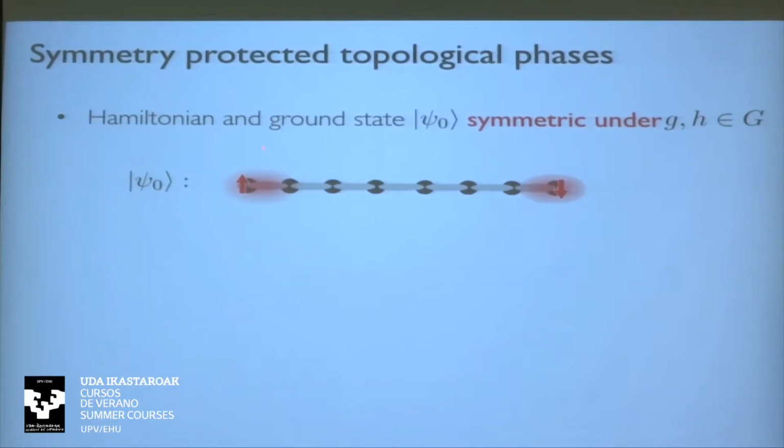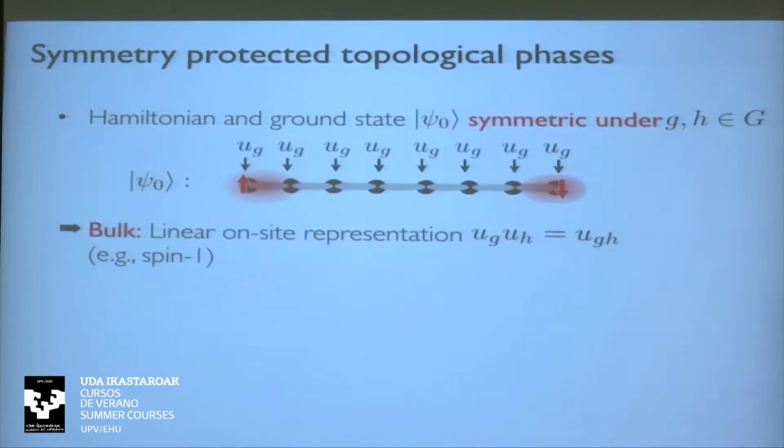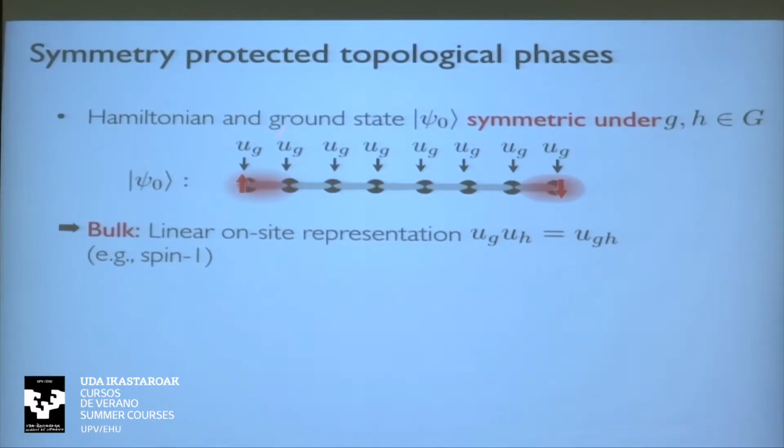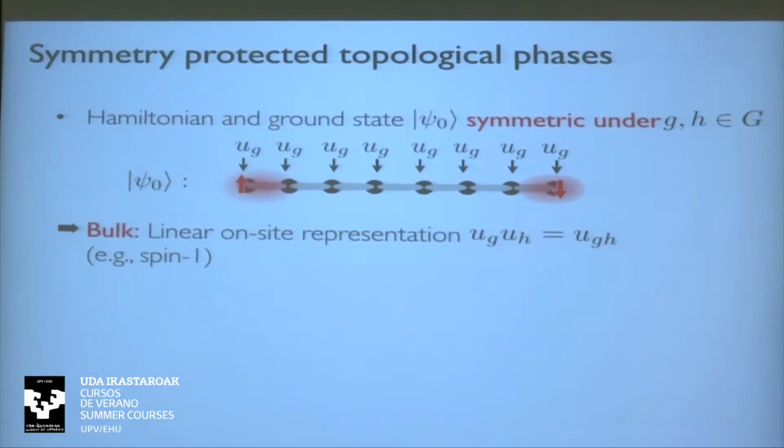So now we take the ground state wave function of our system, and we apply to it the symmetry operation, right? So for these spin rotations, we could maybe rotate every spin by a certain angle, and we just apply this globally to the entire system. Now, for our spin-1 chain, the representation on each site is just a simple linear representation of the group.